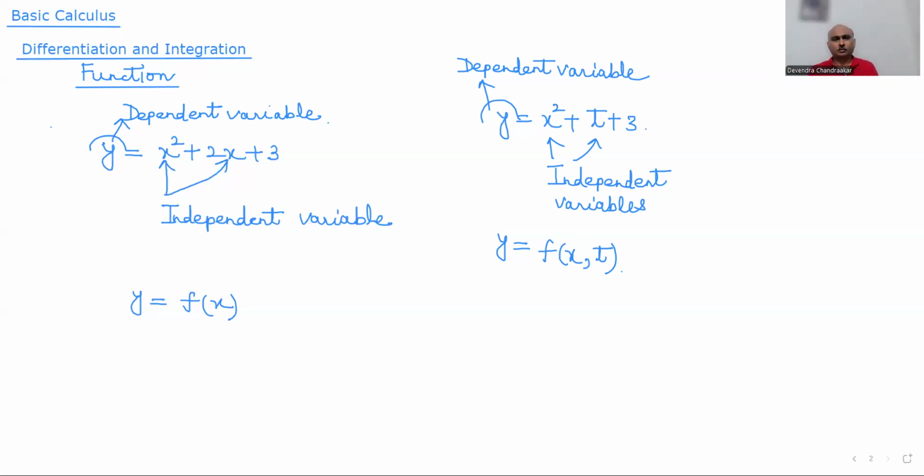So I hope all of you have noted it. After this, once you know about functions, pay attention. This is the XY plane we have. This is Y axis, write it as Y axis, and this is X axis.